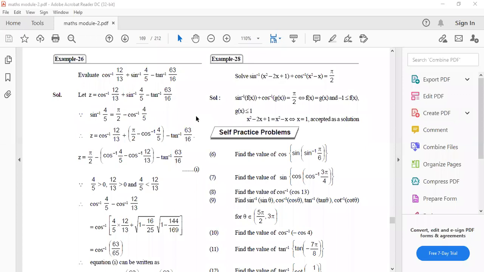You can see here, I'll frame the formula for you. Please pay attention. Cos inverse x minus cos inverse y is equal to cos inverse of xy plus under root 1 minus x square into under root 1 minus y square.